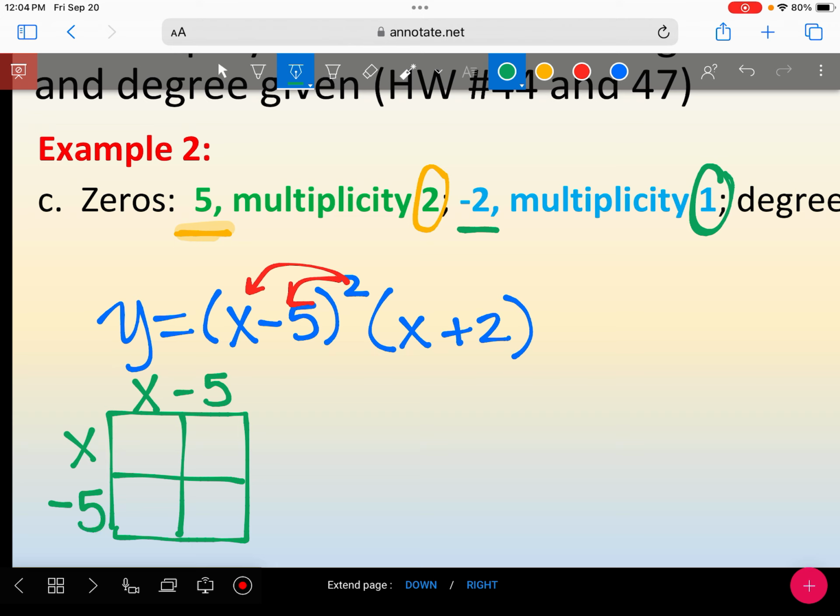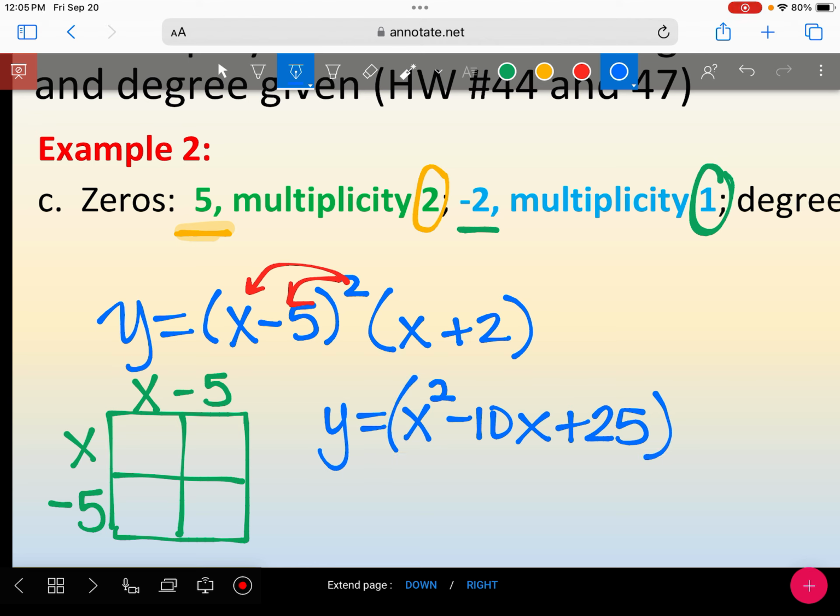And whatever you get, that's going to be the answer that you multiply by x plus 2. Did anyone already multiply x minus 5 times x minus 5? Anybody want to share what they got? All right, good. So y equals x squared minus 10x plus 25.